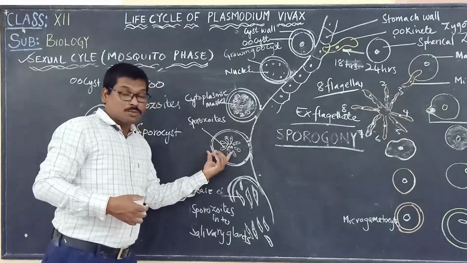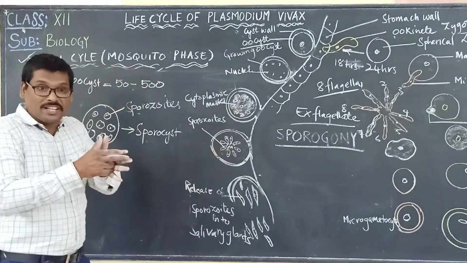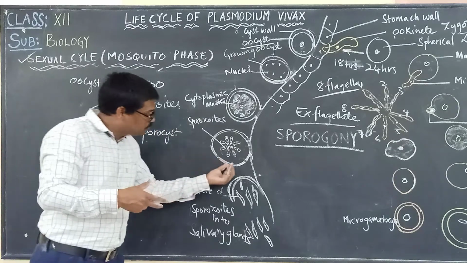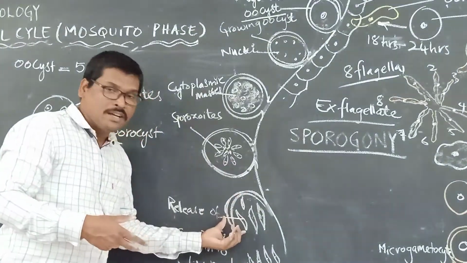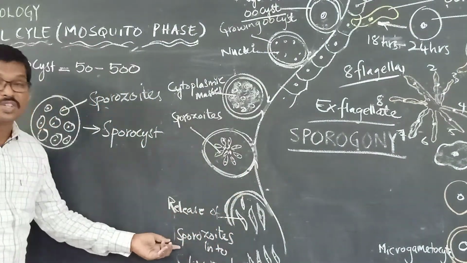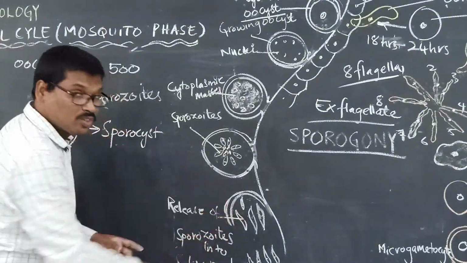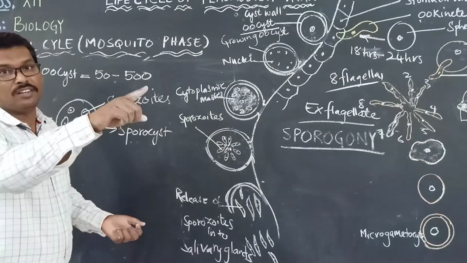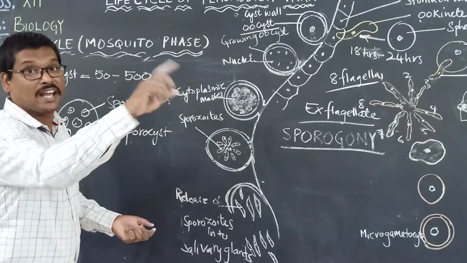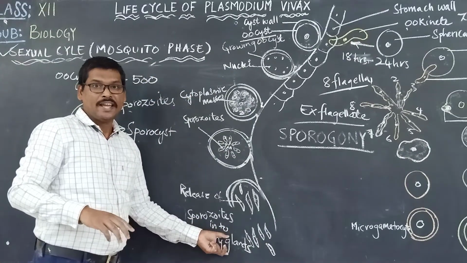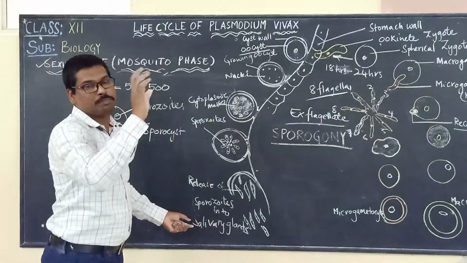Now each sporocyst, when it ruptures, releases many of the sporozoids. These sporozoids travel into the salivary glands, ready to infect a healthy person.